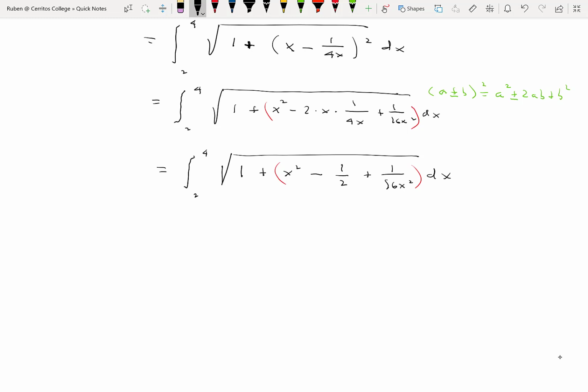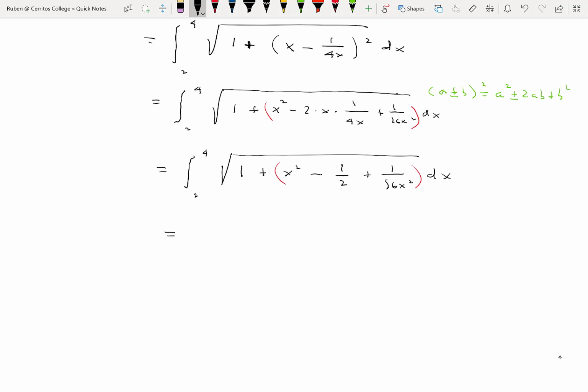Now notice the last 3 terms, the stuff in the red parentheses underneath the integral sign. The middle term is subtracting 1/2, or minus 1/2. Now I'm going to combine that 1 that we have underneath the integral sign with that 1/2.